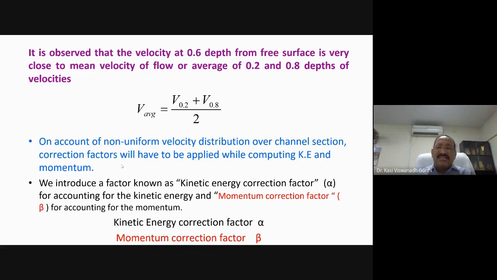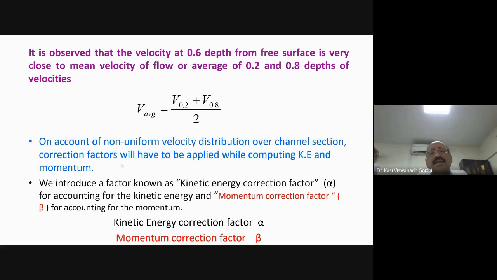To account for the variation in the kinetic energy and momentum, we introduce multiplication factors: kinetic energy correction factor alpha for the kinetic energy, and momentum correction factor beta for the momentum.